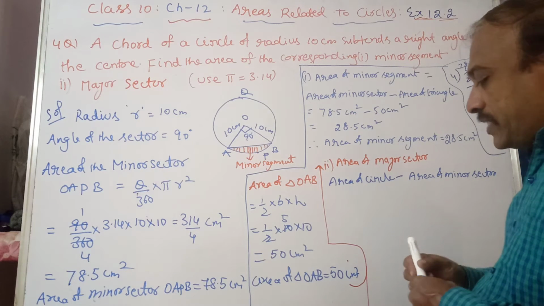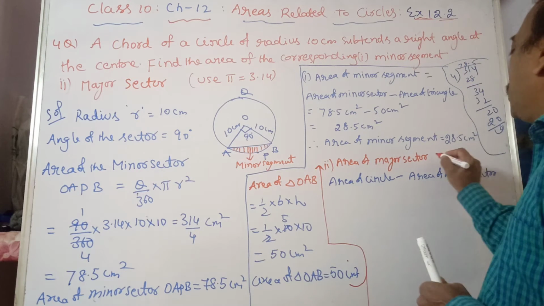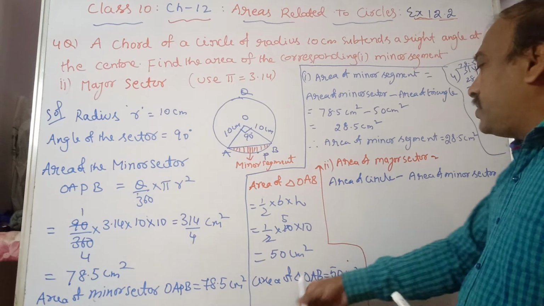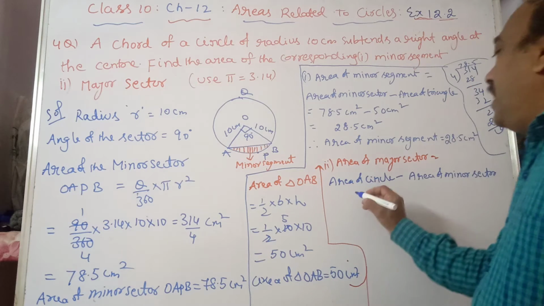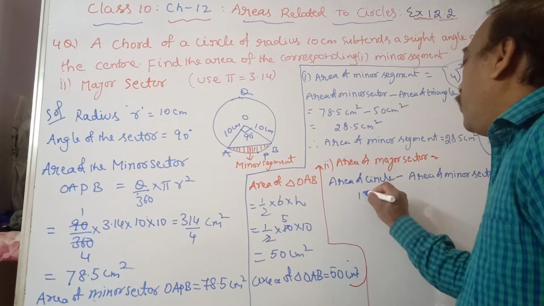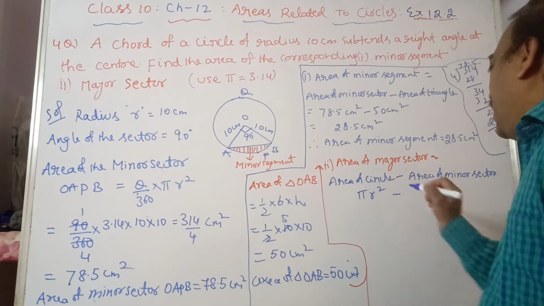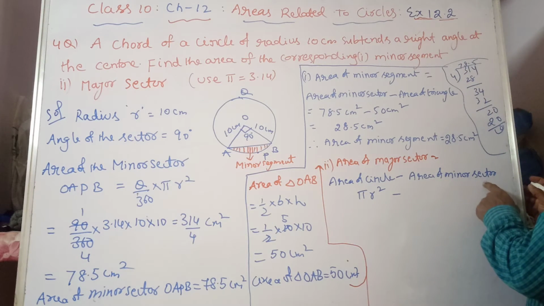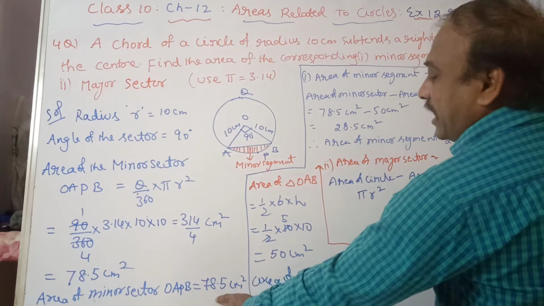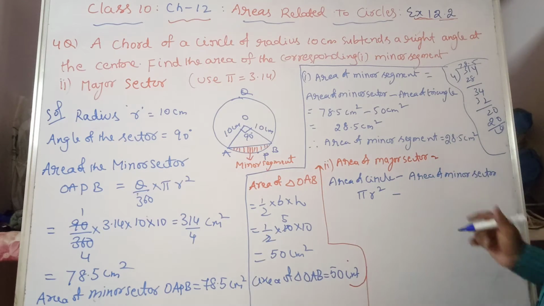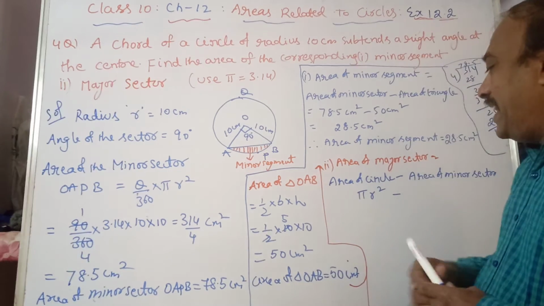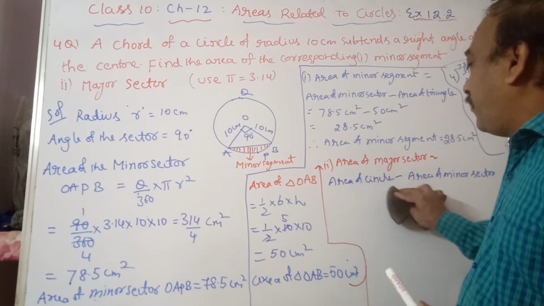Now you see here, what is the area of a circle? This is pi r square. We know pi r square minus area of the minor sector. Minor sector we calculated already, 78.5. So first we will calculate the area of the circle.